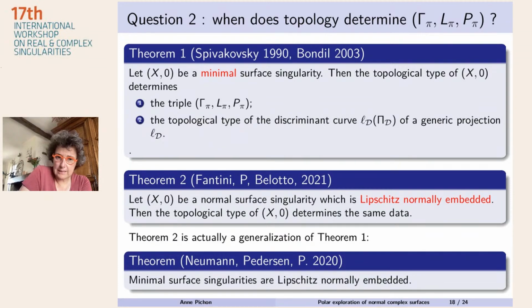Summarizing these two results: if X is a minimal surface singularity, which is a very special type of surface singularity among rational singularities, then the topological type of X determines the triple gamma pi, L pi, P pi, pi being the resolution factorizing through Nash and the blow-up of the point, and secondly, the topological type of the discriminant curve of a generic projection.